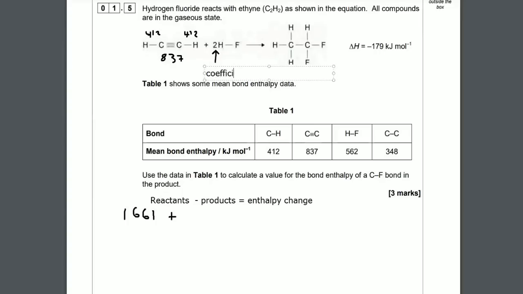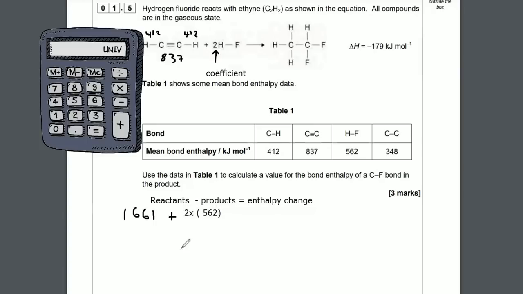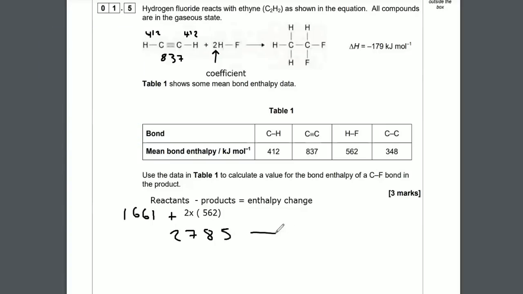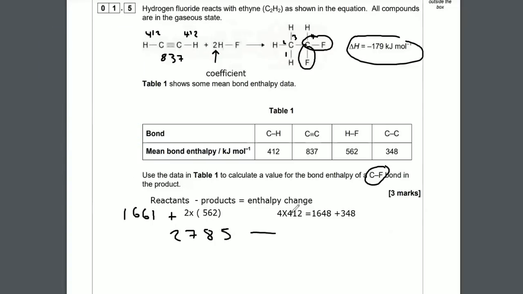I've now got a coefficient here. Don't forget those big numbers. You've got to multiply everything by that. So HF is 562. So I want 2 times 562. Put those in the calculator, add them together. What do we get? We get 2785. That's the total for the reactants.